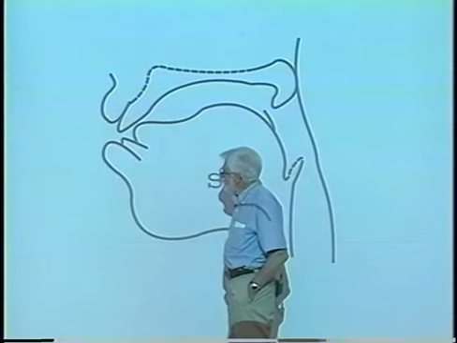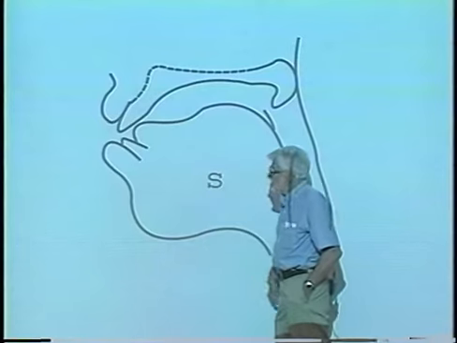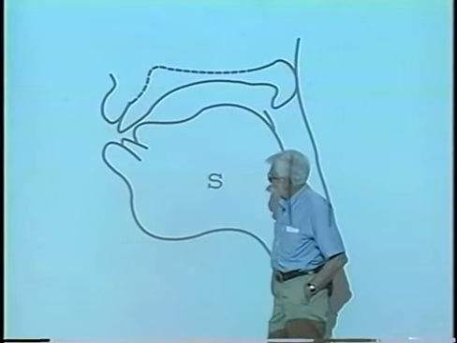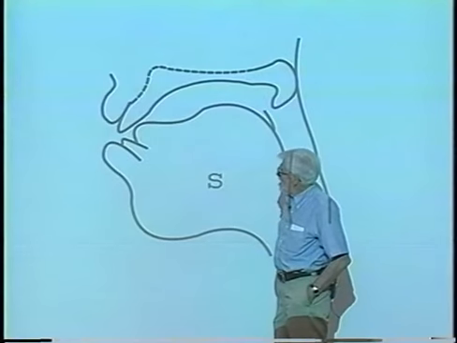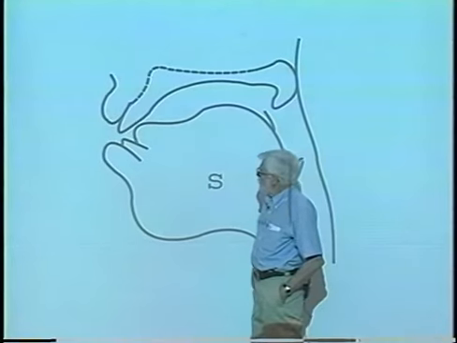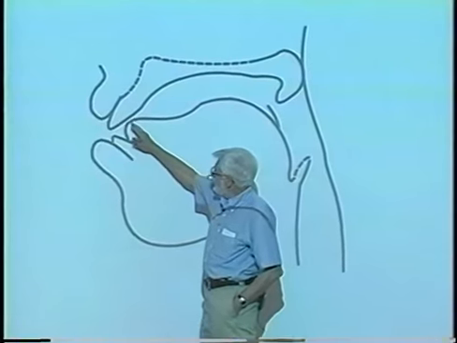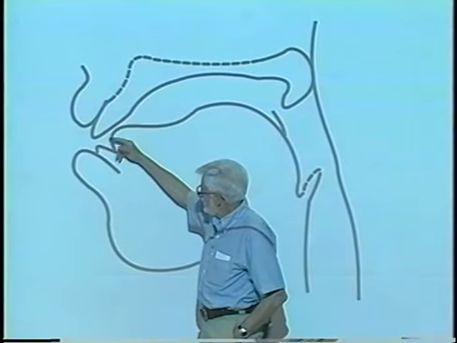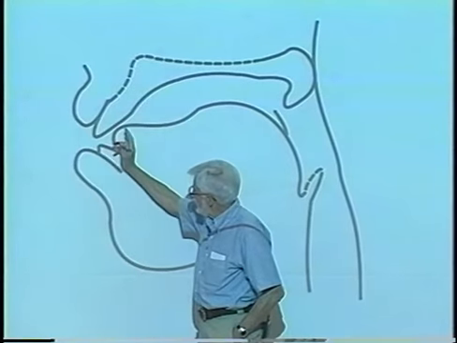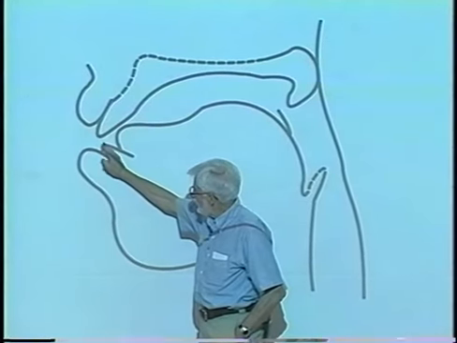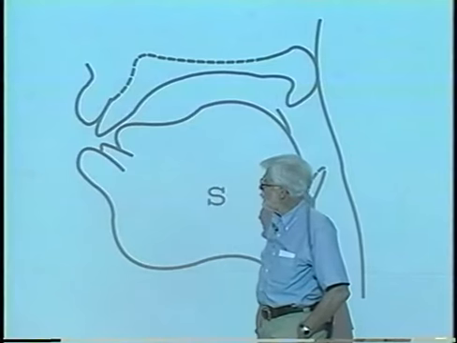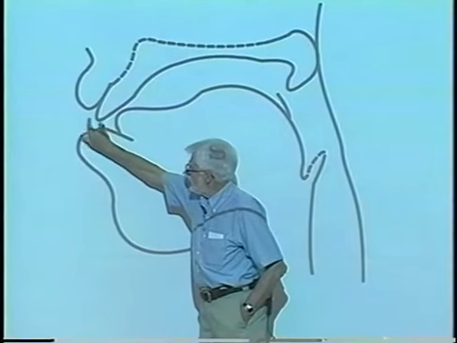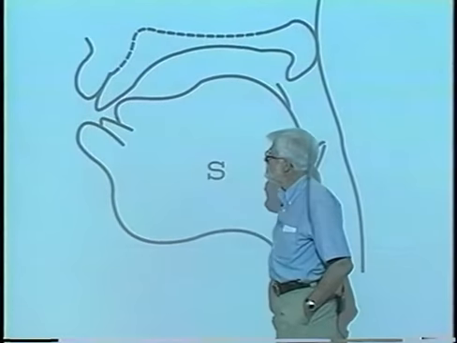The acoustic property of a fricative or a stop made at this place with this configuration is that it usually generates some kind of noise as we build up pressure back here, and that noise is probably most prominent at this obstacle of the lower teeth. Anyway, that noise excites the high frequency resonance in this front cavity.